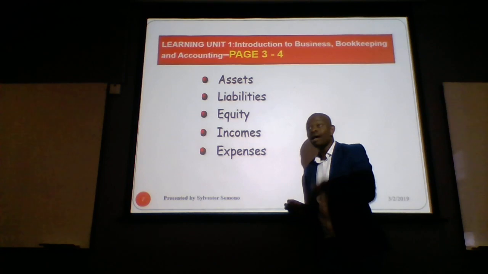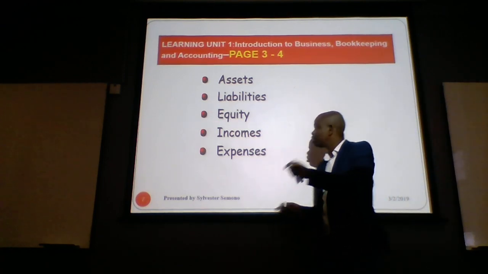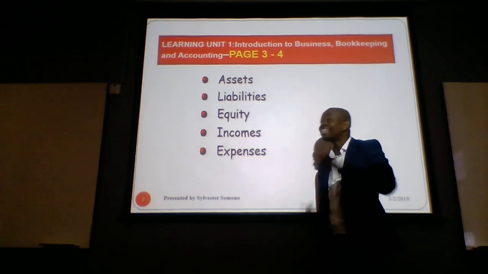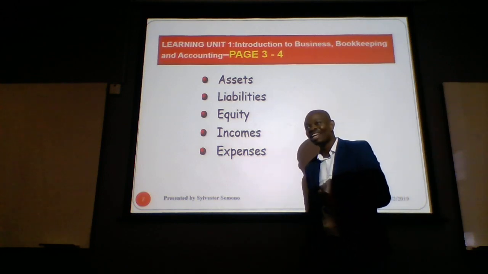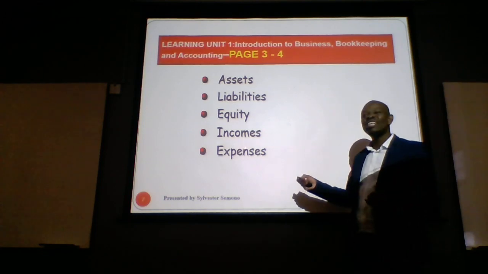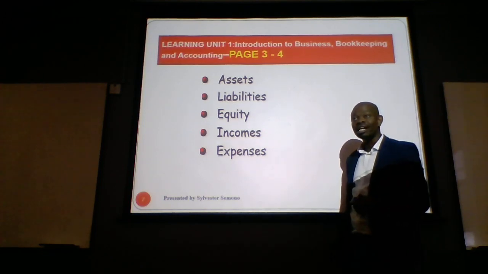Profit. But unfortunately, in the process of generating those incomes, you cannot avoid what? Expenses. So unfortunately, the expenses are there. That's why we try to minimize expenses and maximize what? Incomes. Why?